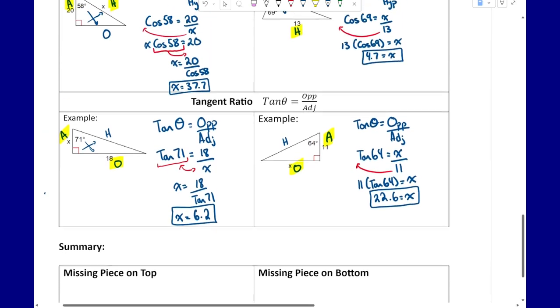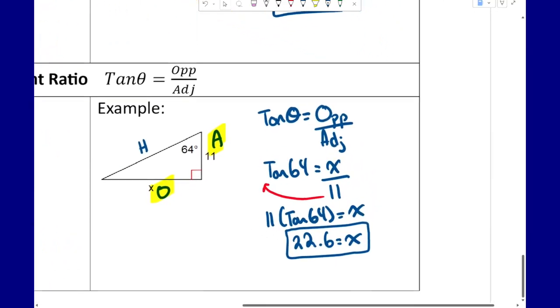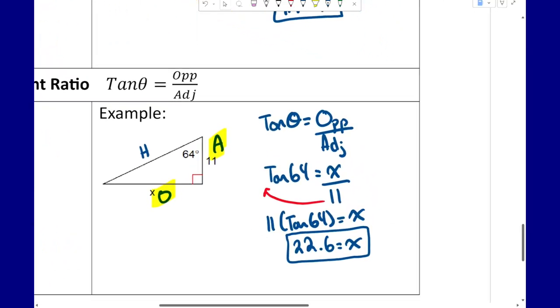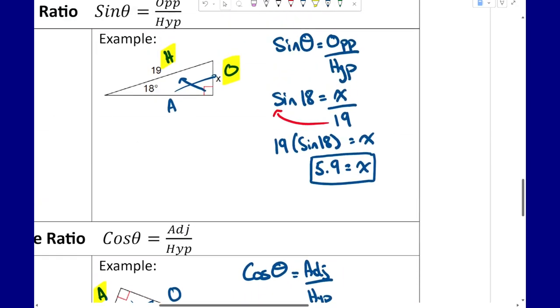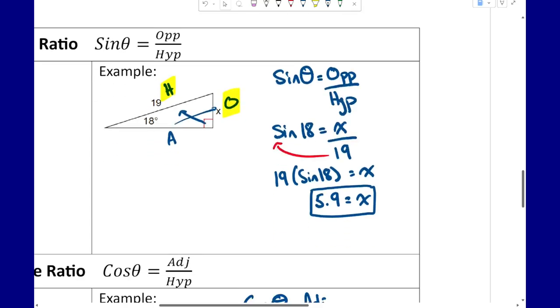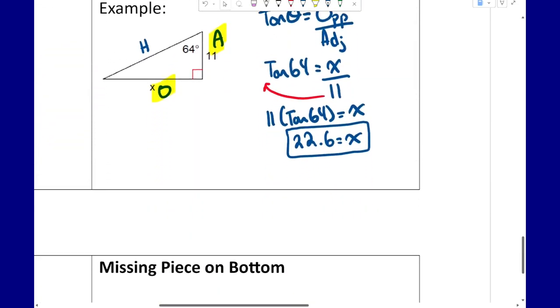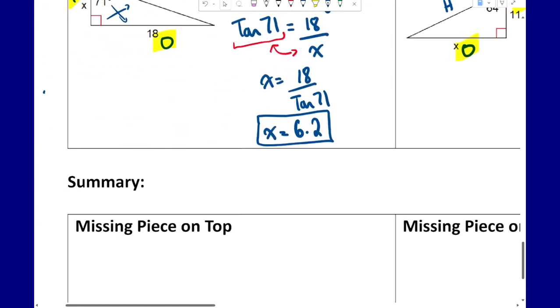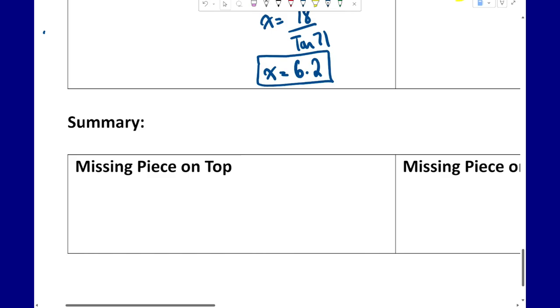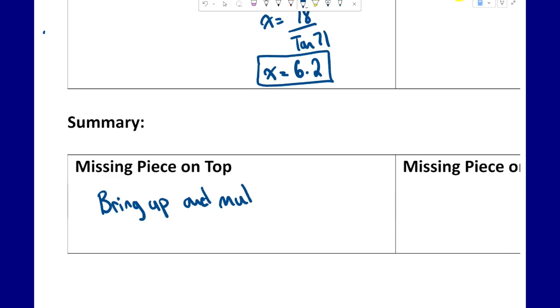So if we look at the second column, everything that we did over here, right? Bring the bottom up and we multiply. Bring the bottom up and we multiply. Bring the bottom up to the other side and we multiply. So anytime we have a missing piece on top, a quick thing we can think of is we bring up and multiply.